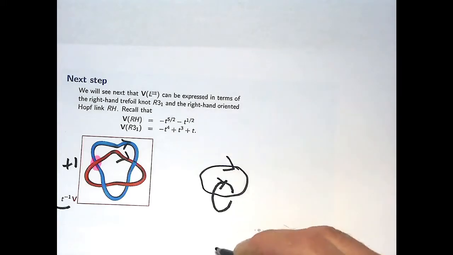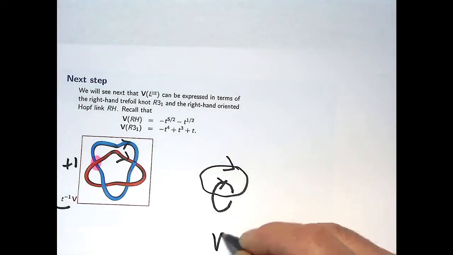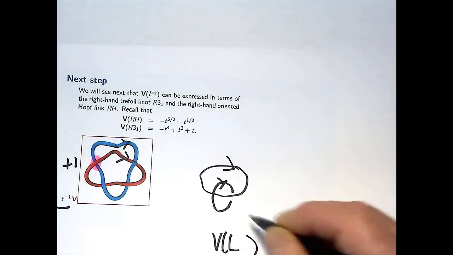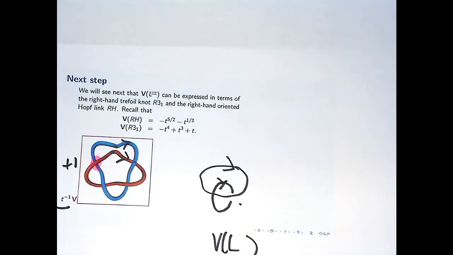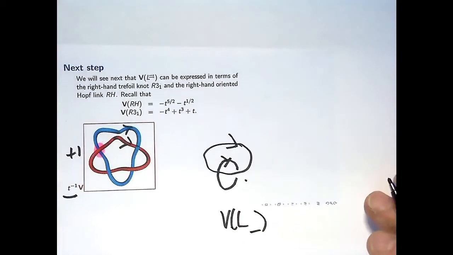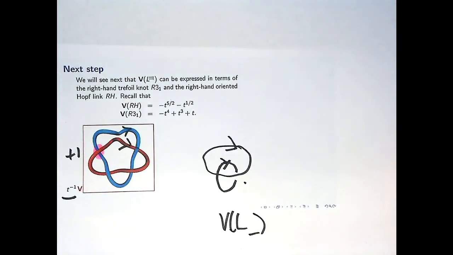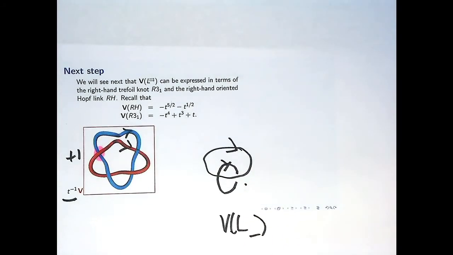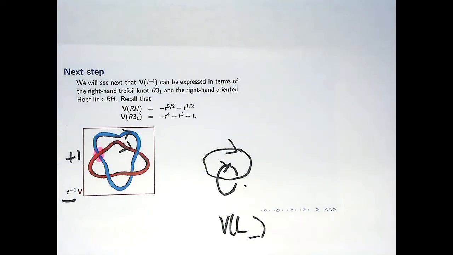So V of L minus. L minus is going to be this time the Hopf link. L plus was this Solomon's link. Now, the Hopf link, if you don't have the orientations, there's only one Hopf link, because a Hopf link is just 2 circles.